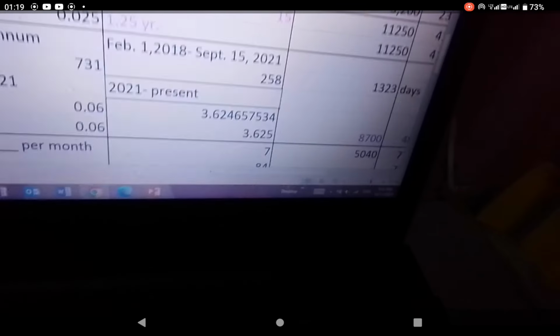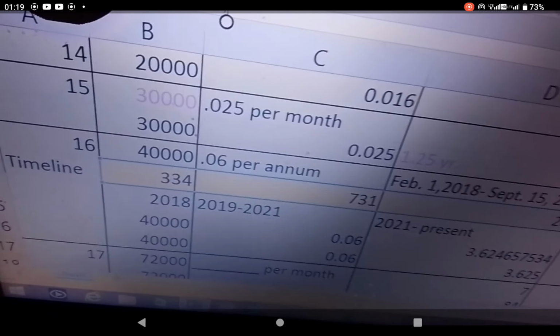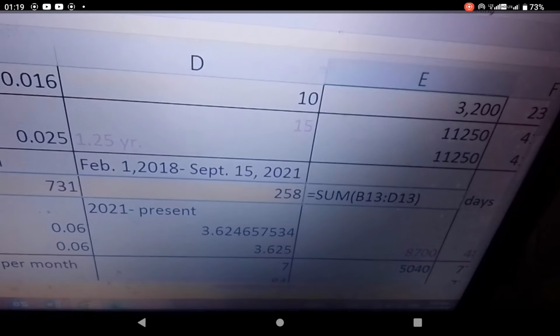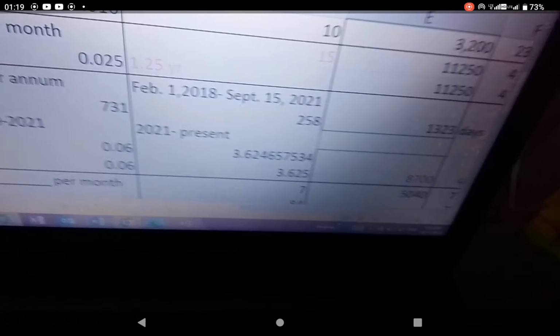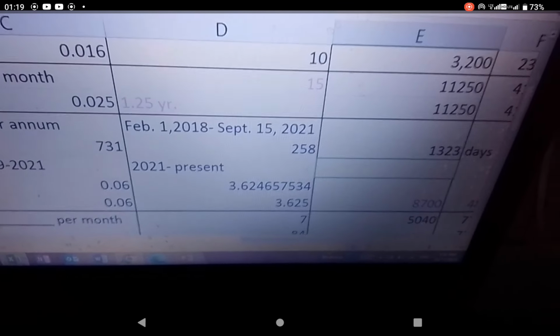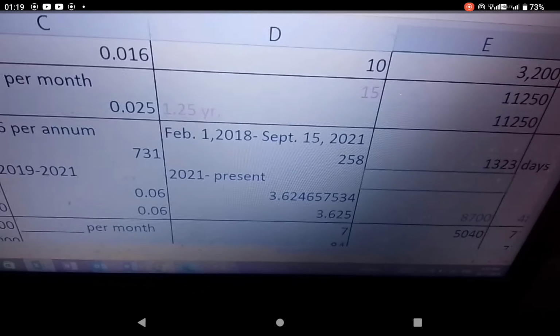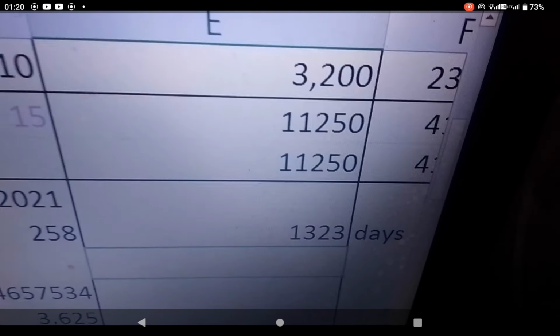Then, for 2021 up to the end, which is September 15, 2021, this is what I did. We sum everything starting from January, 31. February, does 2021 have 29? No. So, 28. March, 31. April, 30 days. May, 31 days. June, 30 days. July and August. Up to September, which gives us 258 days.